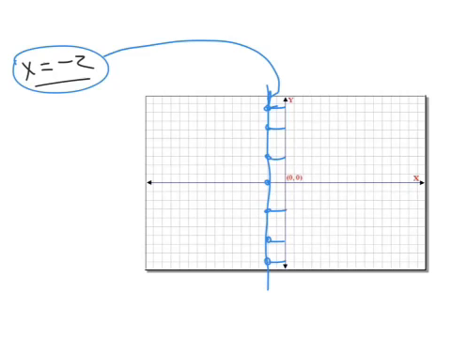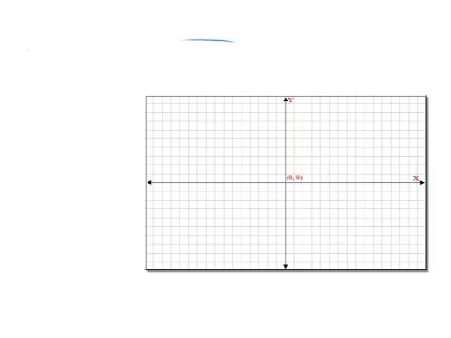When you have something like x is 4, you go over 4, 1, 2, 3, 4, and you draw a vertical line. That's all there is to it. Alright, what if we had something like y equals 4?